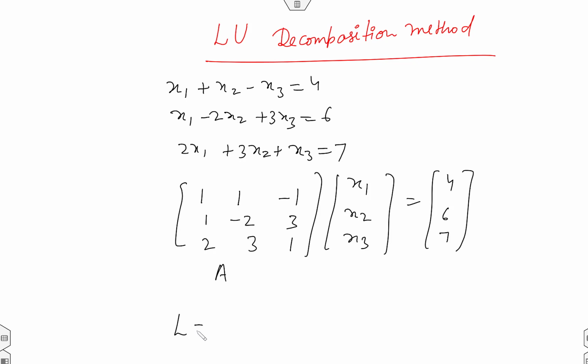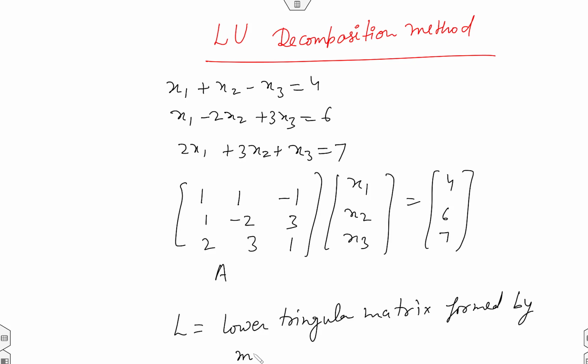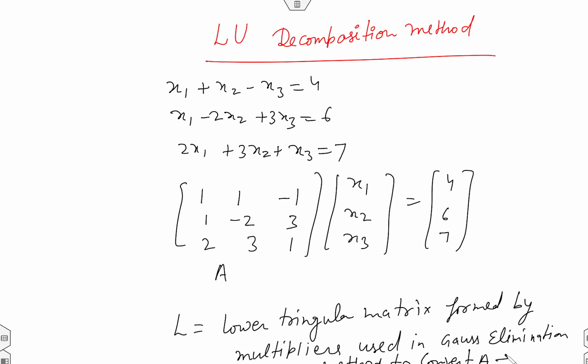L means what? L is a lower triangular matrix formed by the multipliers used in the Gauss elimination method to convert A into an upper triangular matrix.